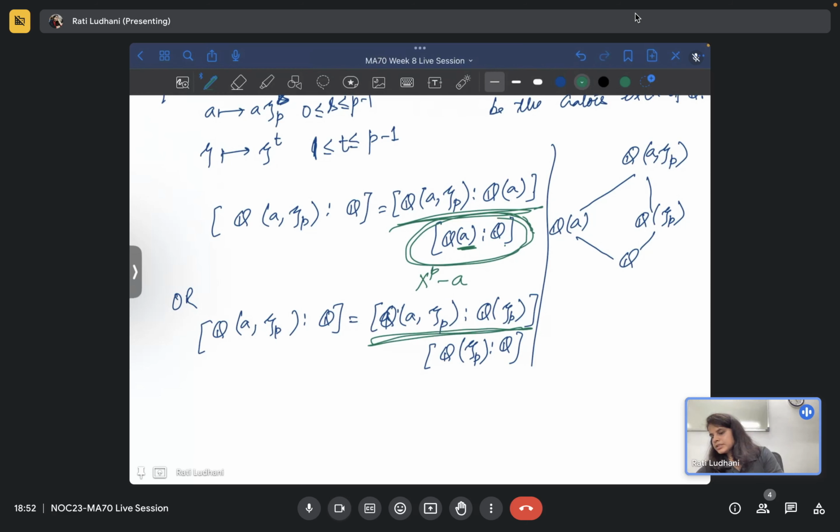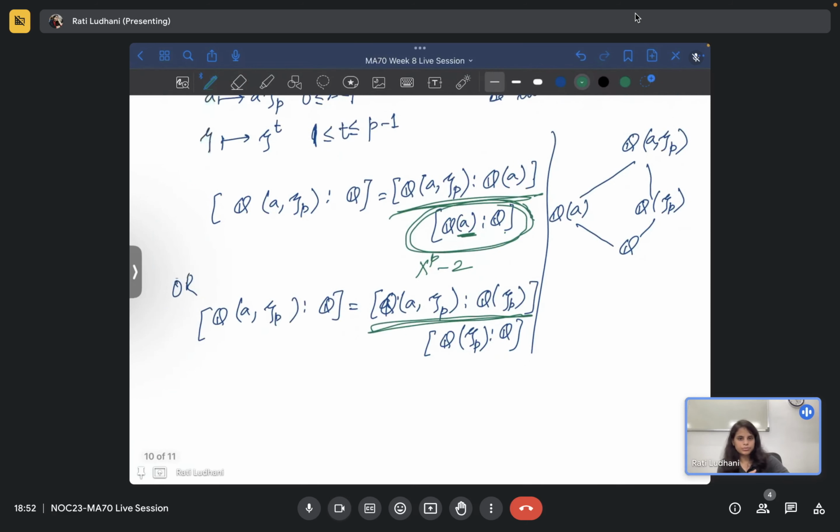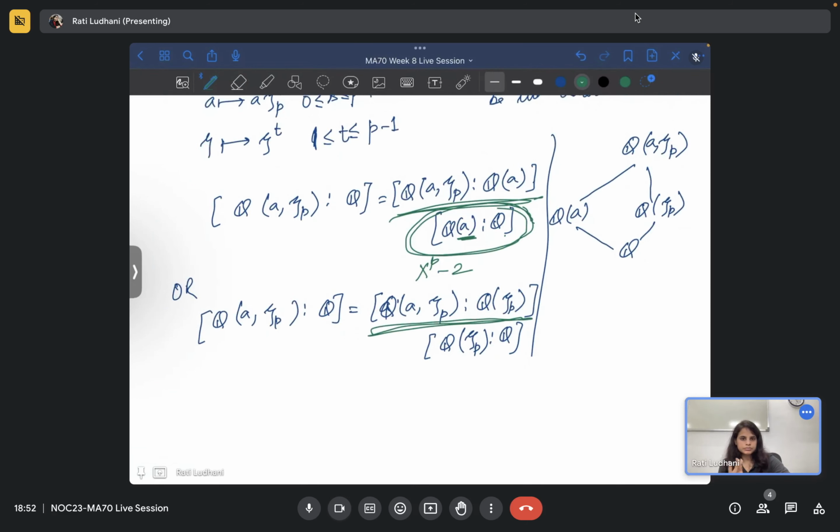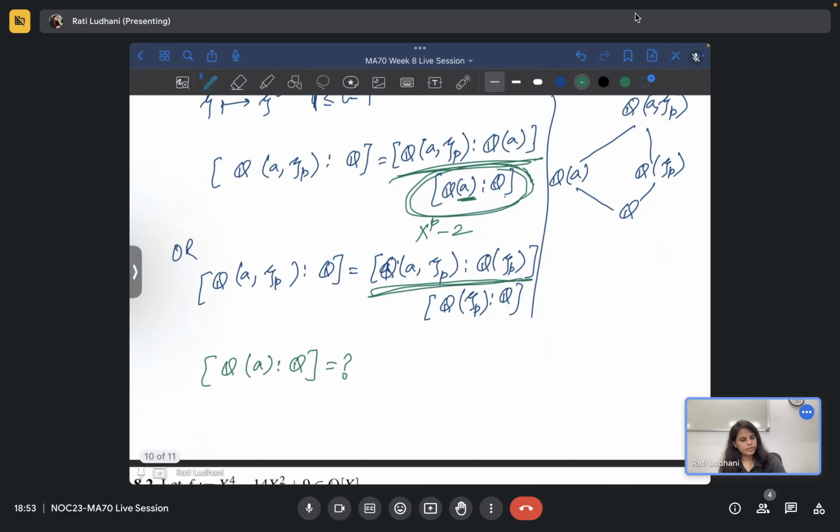Can you use the Eisenstein criterion? Oh sorry, this is not a, this is 2. So a is a root of the polynomial x raised to power p minus 2. I am trying to find the degree of Q(a) over Q, which is equal to the degree of the minimal polynomial of a over Q, as we have done plenty of times.